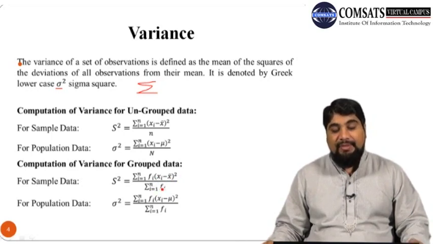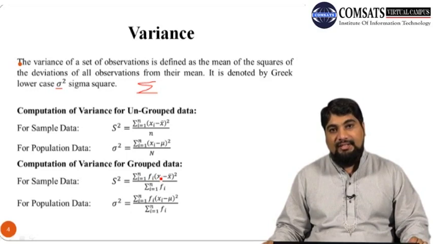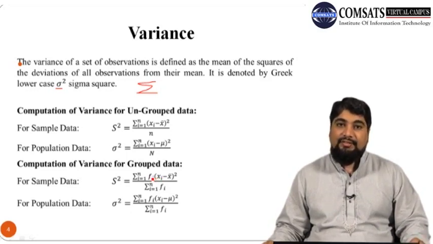Remember that since we are dealing with grouped data now, fi are the corresponding frequencies of each class, and xi are the midpoints, which are also called class marks. So xi are the class marks, the midpoints of the classes, and fi are their corresponding frequencies.